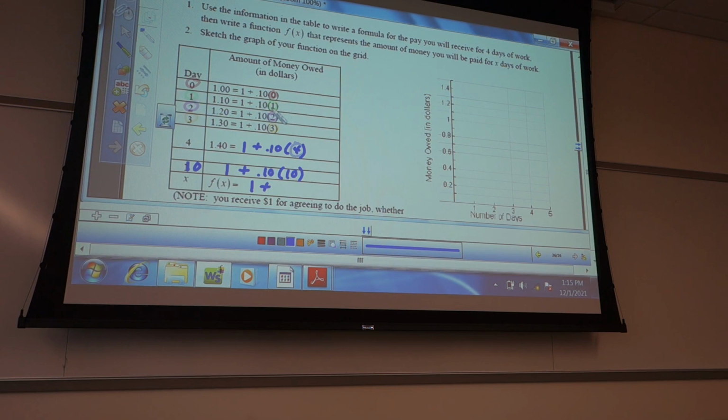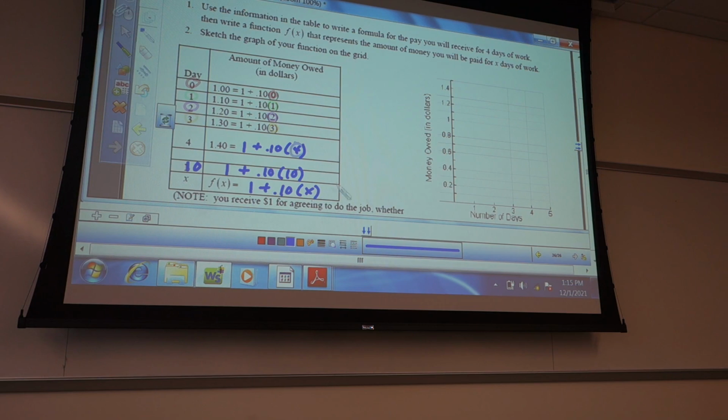After 1 day, 0.10 times 1. After 3 days, $1 plus 0.10 times 3. After 10 days, $1 plus 0.10 times 10. What would it be for x? Yep, $1 plus 0.10 times x.